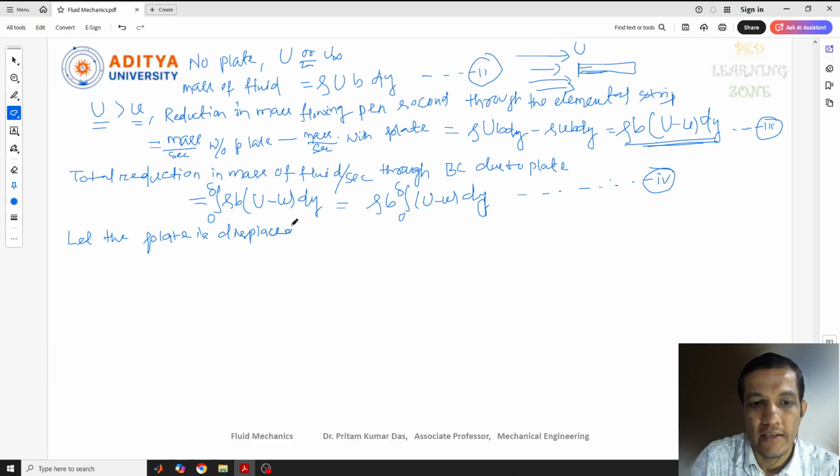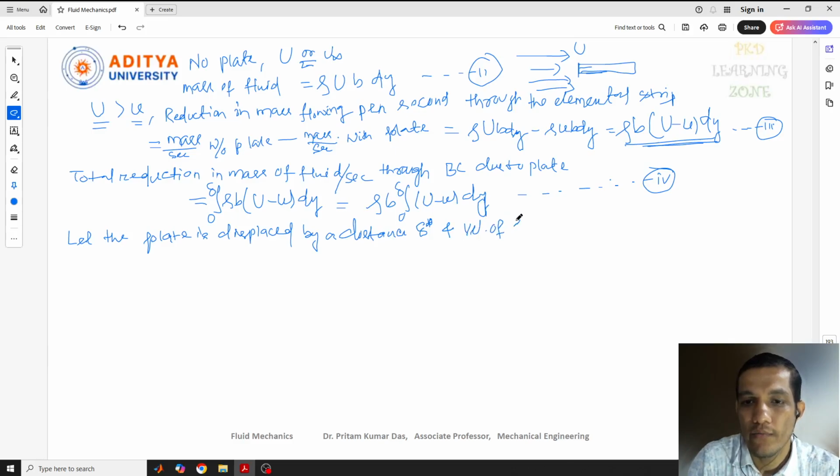The plate is displaced by a distance of delta star, and the velocity of flow rate for a distance delta star will be equal to the free stream velocity.